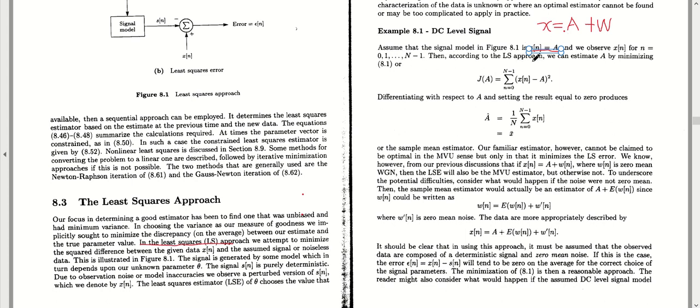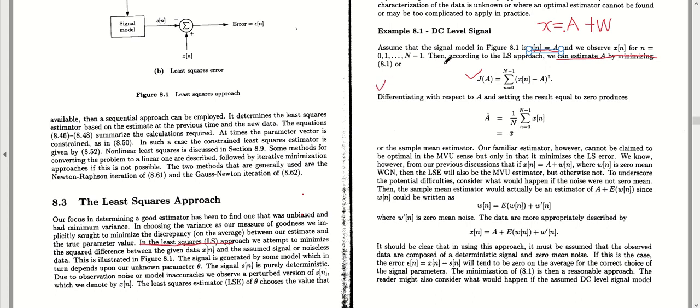So we can estimate A by minimizing this X minus A, which is equal to W. You sum it up and minimize it, and then the rest is mathematics, calculus.